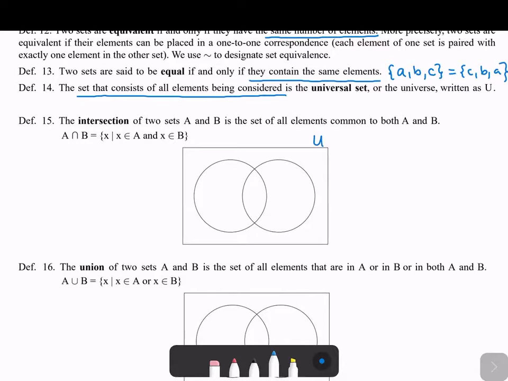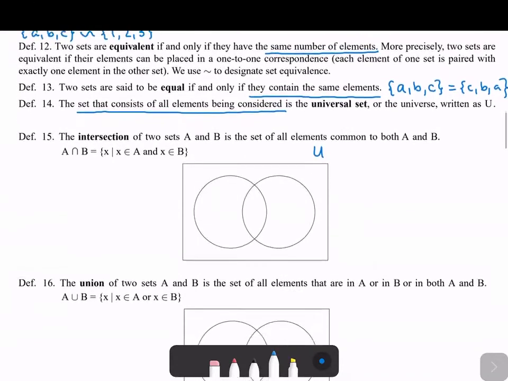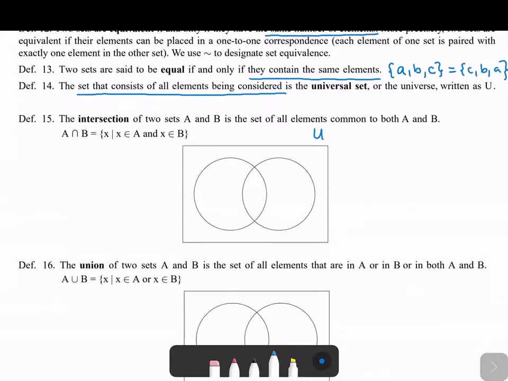Okay, so now we kind of shift gears a little bit and talk about operations on sets. So now we're going to talk about set operations. Okay, so the first one is intersection.